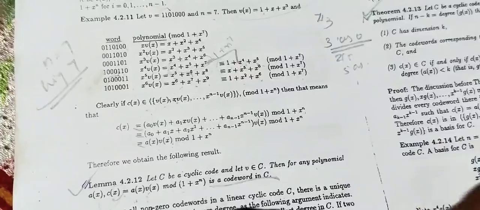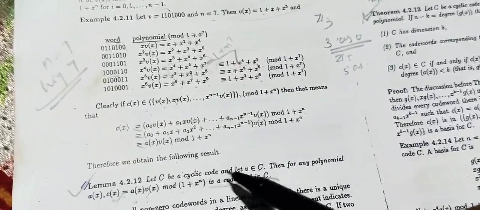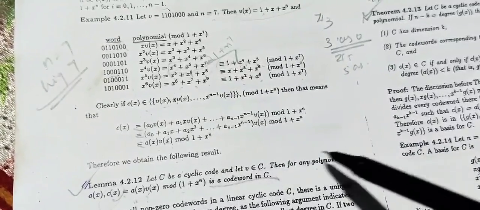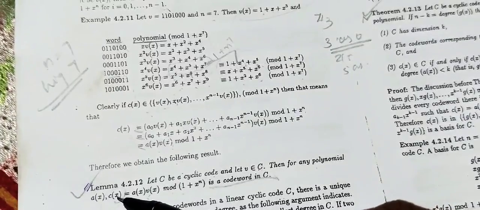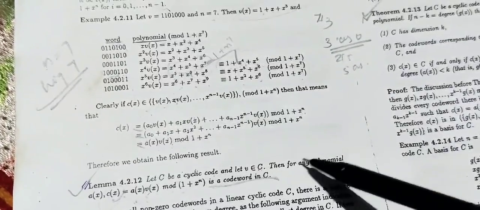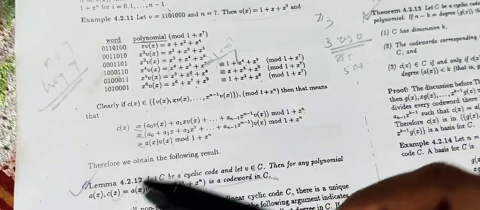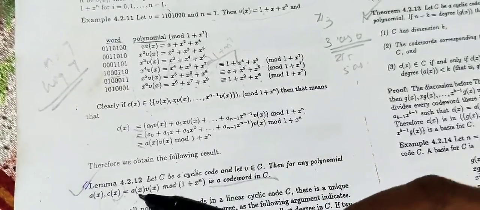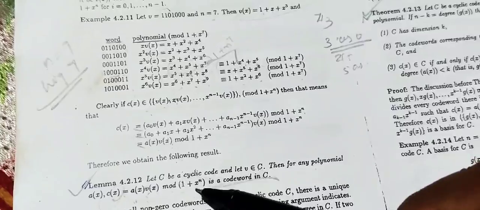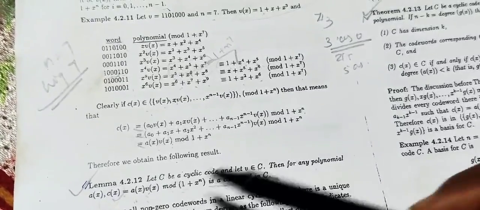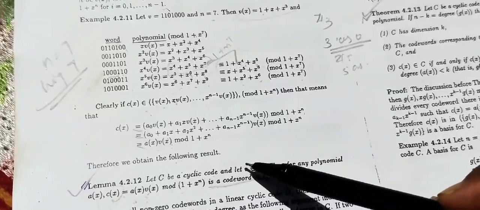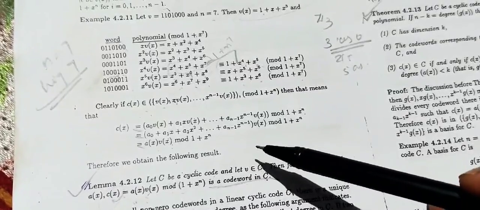Related to this result, we have a lemma. Let C be a cyclic code and v belongs to C. Then for any polynomial a(x), a(x) v(x) mod (1 + x^n) is a code word in C. So C is a linear code and v is any code word.